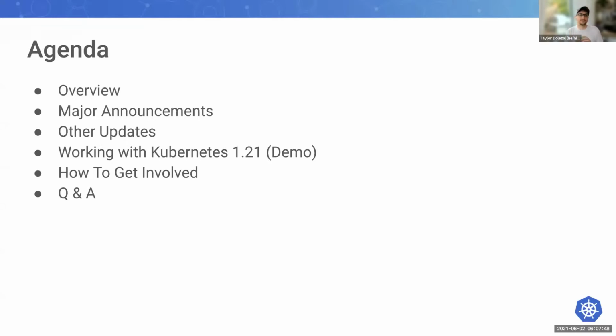If you're using a managed service on Amazon, Google, Oracle, Azure, whatever it might be, those services might not always have the latest Kubernetes version. So if you want to check out some of these newer features, it can be difficult to find a way to do so. I have a solution for you, and we'll talk about that in the demo section.